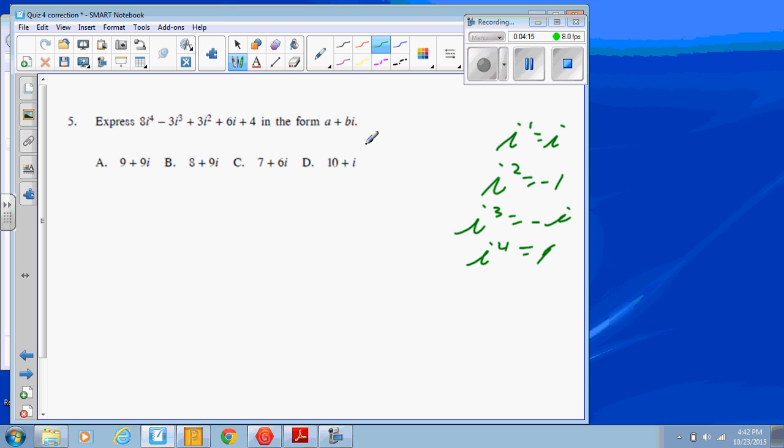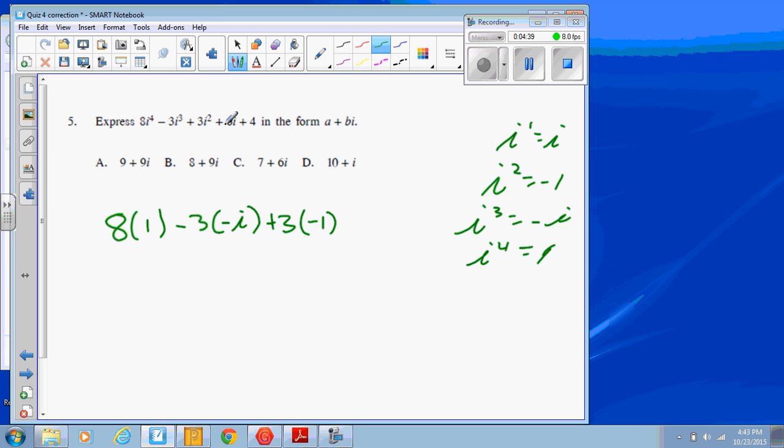So i to the fourth right here is positive 1. So that's going to be 8 times 1. Minus 3 times i to the third, which is negative i, times negative i. And then plus 3 times i to the second, which is negative 1, times negative 1.